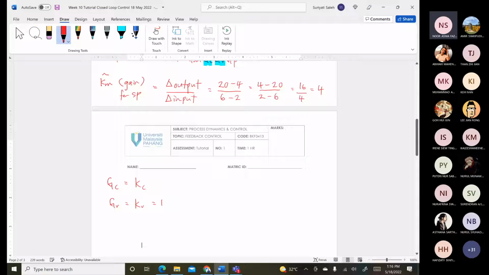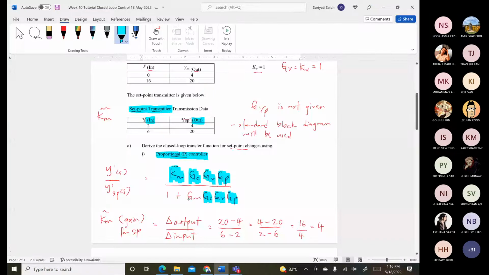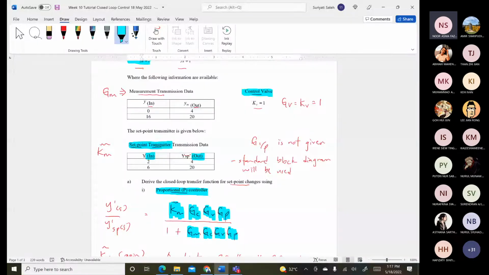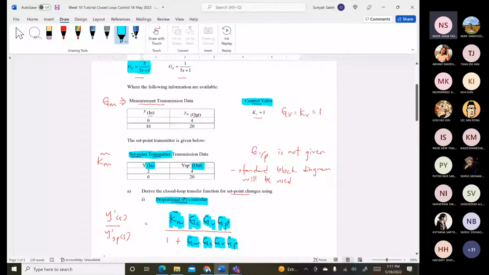The GM is based on the measurement or transmitter data, which you can see from the table here, the measurement transmission data. Similar to the set point transmitter, it is also given in the form of a table. So in this case, the GM is related to the KM.